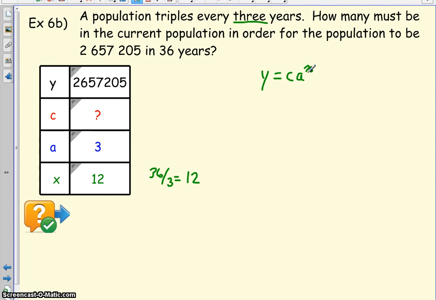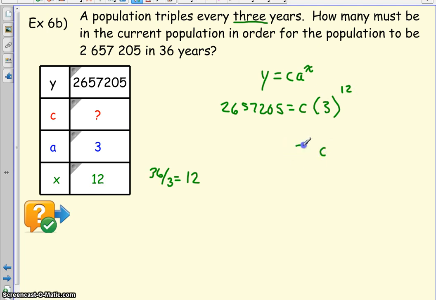hopefully we have everything we need now. So we know it has to end with that 2.657 million approximately. So let's put that in. We don't know what our starting population is. Our base is 3 because we're tripling, but it triples 12 times in those 36 years, so it's going to be 3 to the 12.